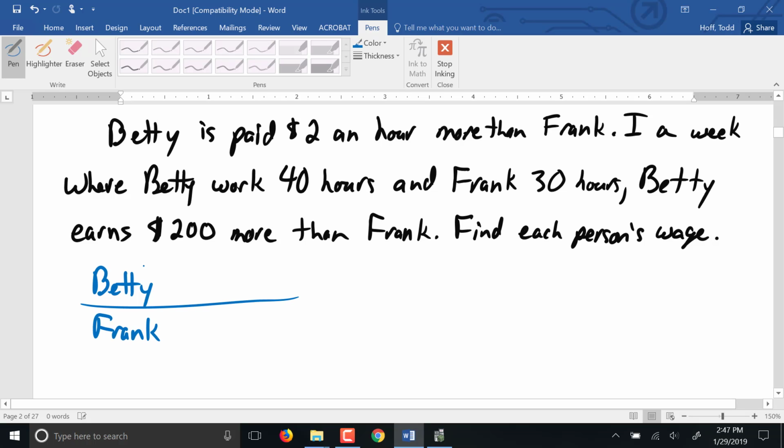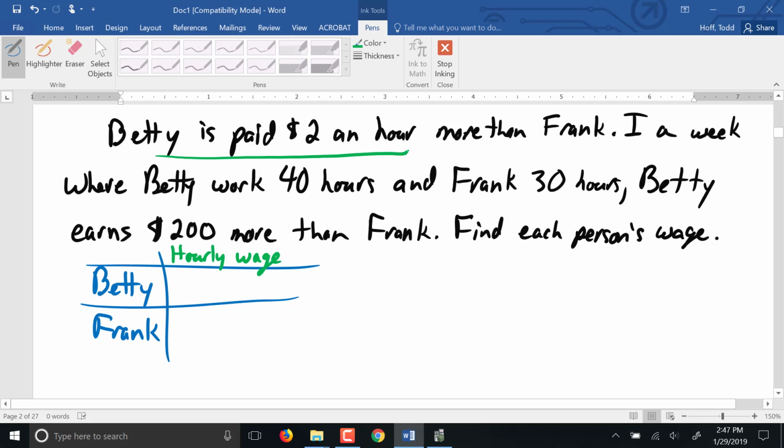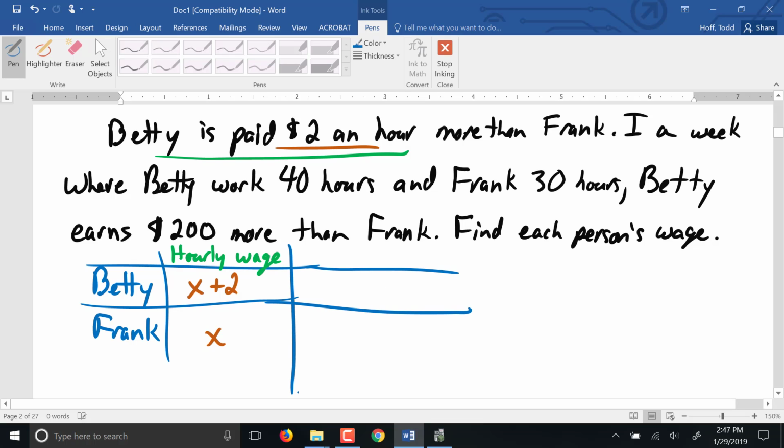And what our variable actually is going to be, our first variable, we're going to look at hourly wage. Which one's smaller? Well, Betty is paid $2 more. So Frank is the smaller one. We're going to let him be X. Betty is $2 more, so she is X plus 2. But now we're looking at their total pay for the week.